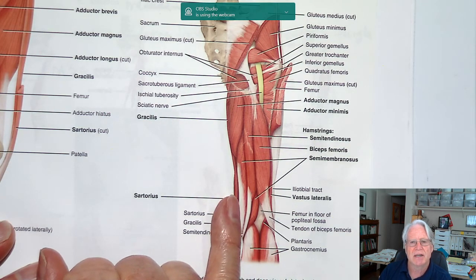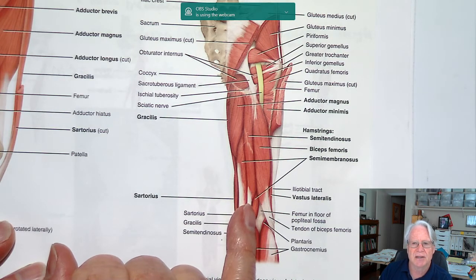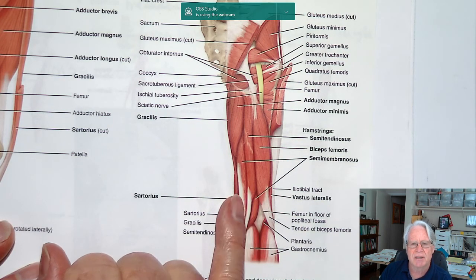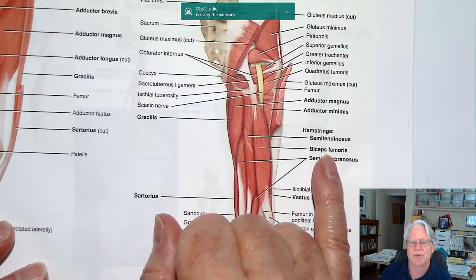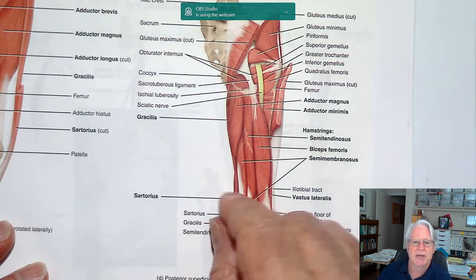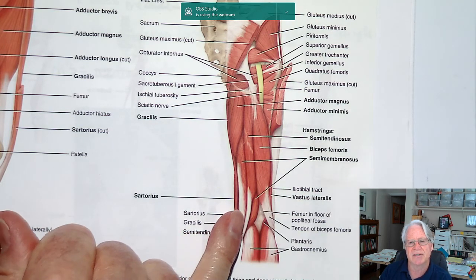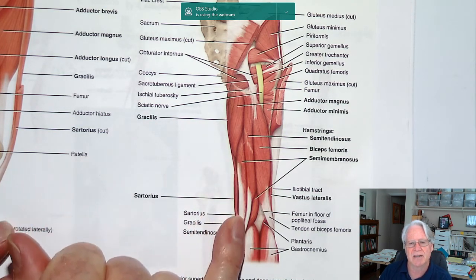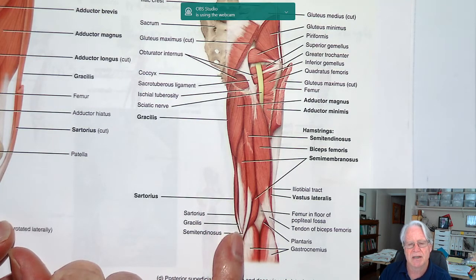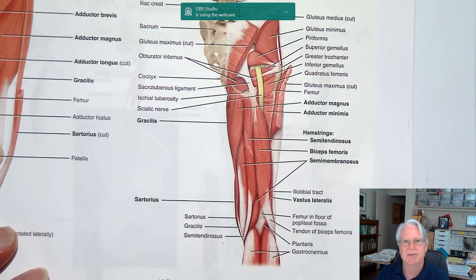Underneath it, then, is the semimembranosus, and those M stand for medial. It also indicates through the name membranous, very flat muscle. So you can see it extending off of both sides here and on this side there. And again, going to the medial side of the knee. Okay? So those are those three muscles.